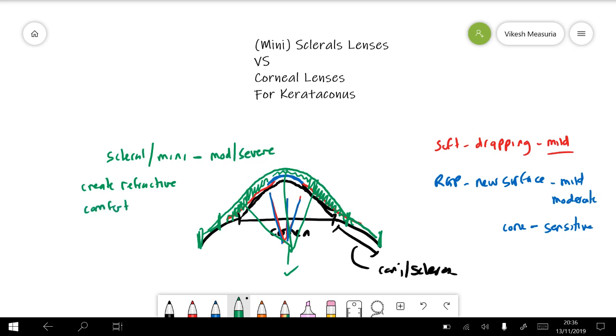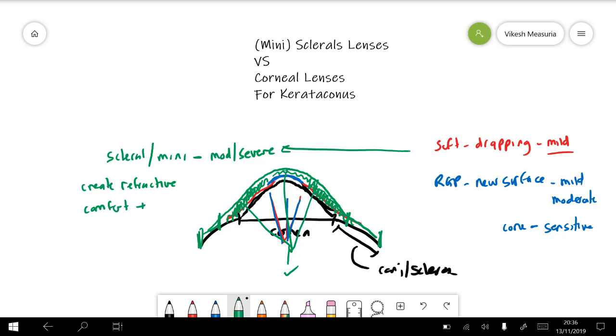People that have worn soft or rigid gas permeable lenses and switch over to scleral or mini scleral lenses really notice the improvement in comfort, because there's nothing touching the cornea at all. It's completely covered by the scleral lens, and there's a lot of tears pooled behind it, so it keeps the eye nice and comfortable.